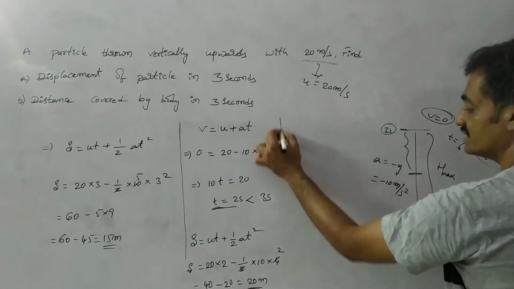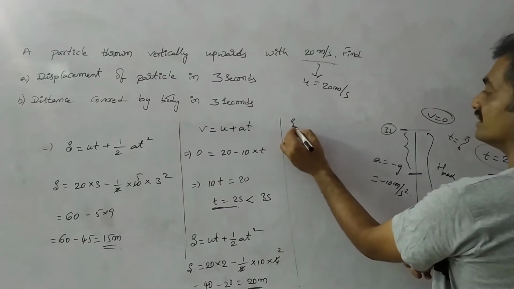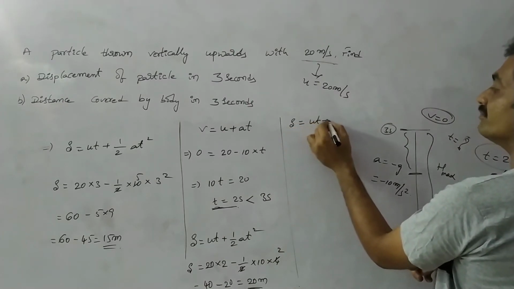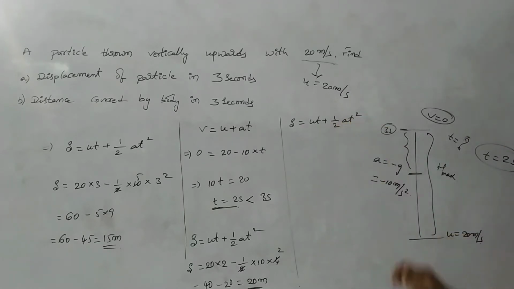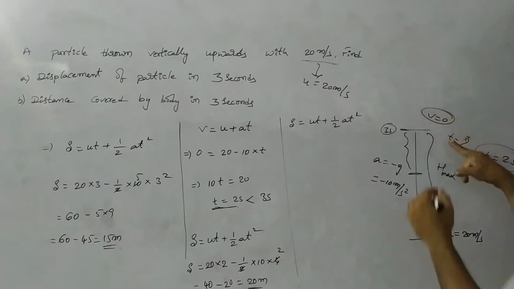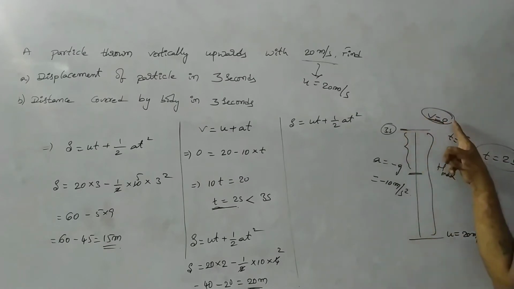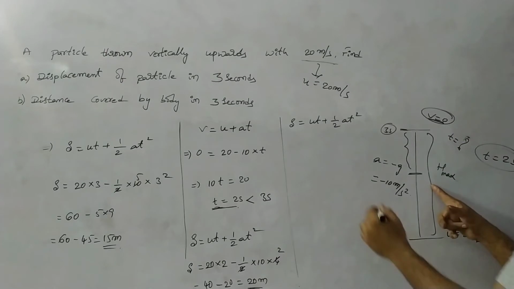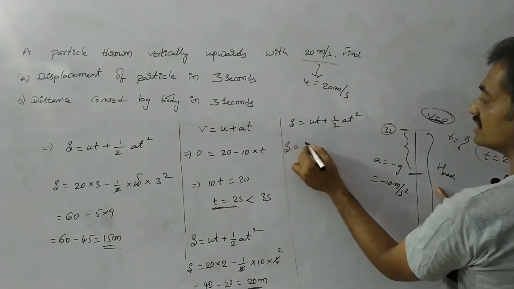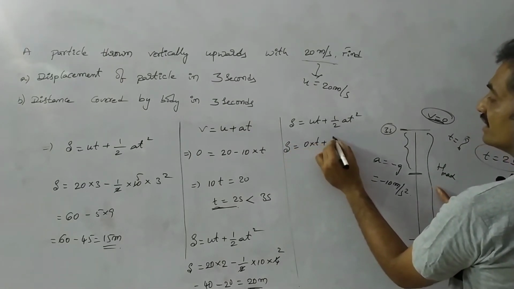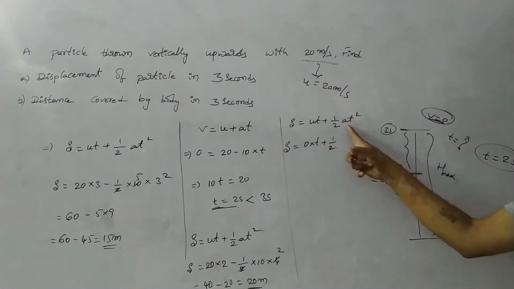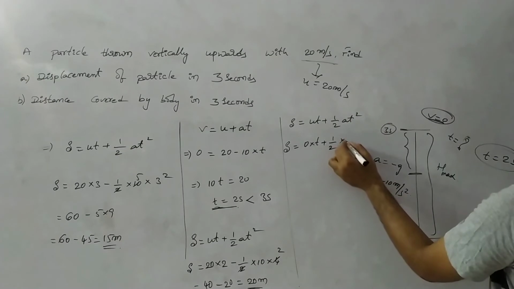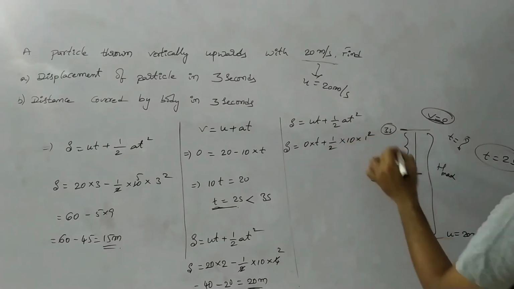Now we have to find the distance traveled by the body in the next 1 second. Again we consider the equation s equals ut plus half at square. At the maximum height, the velocity is 0, and this acts as the initial velocity for the body in the downward direction. So substituting, we have s equals 0 into t plus half into, since the body is traveling downward, acceleration due to gravity is positive, 10 into 1 square.